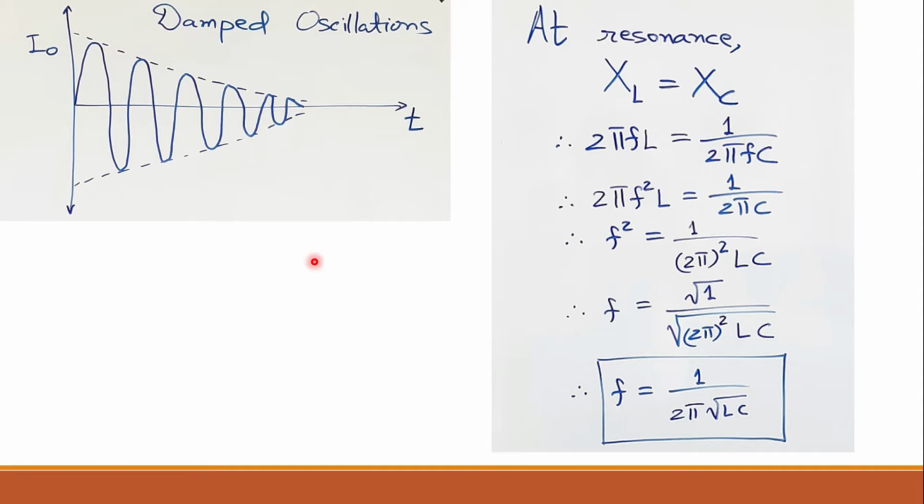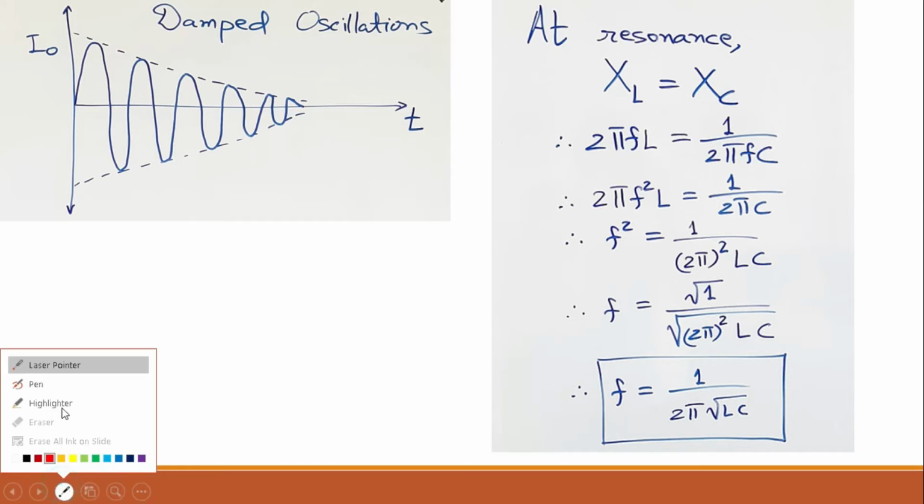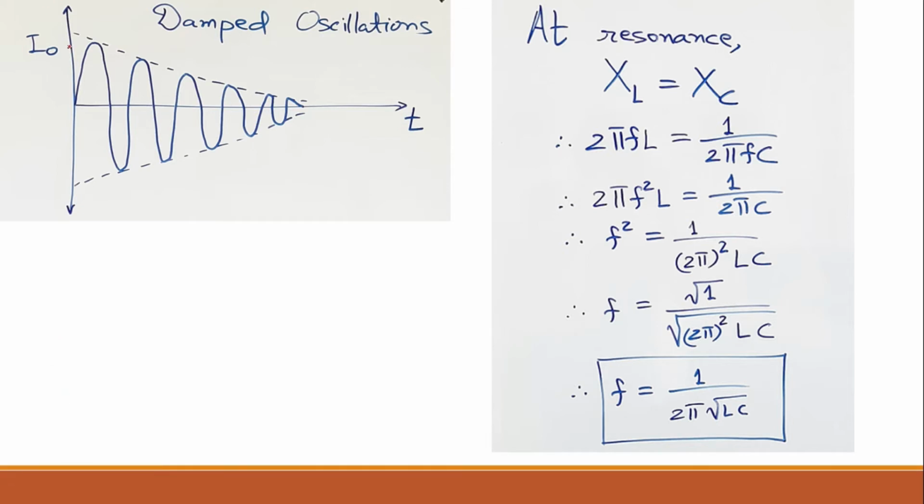Now the problem is that these oscillations are damped, or these oscillations die out after some particular time, and we do not want that. What we want is that these oscillations should be sustained oscillations and have a constant amplitude.